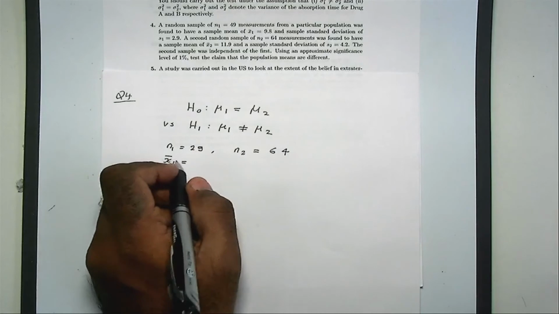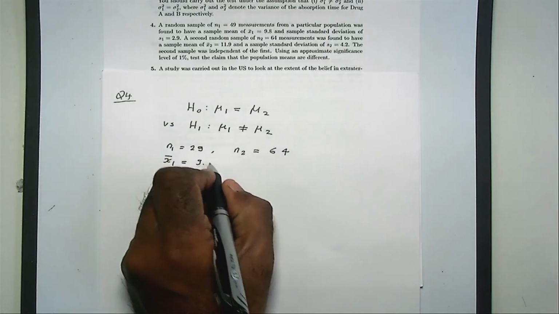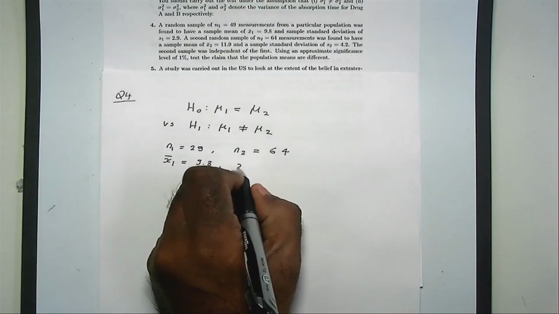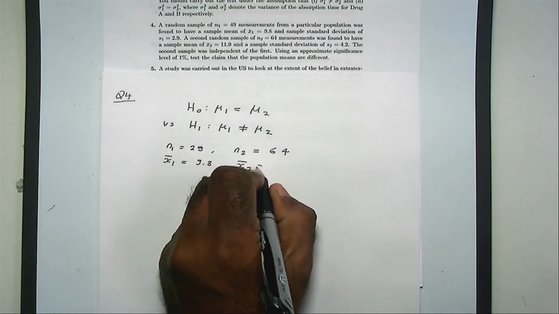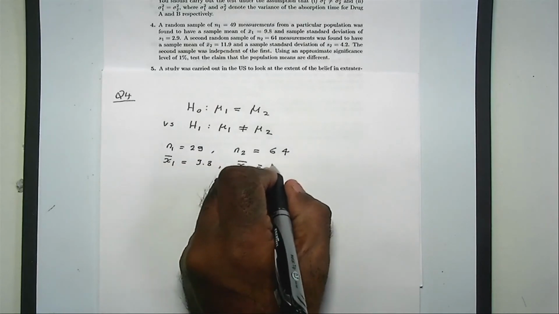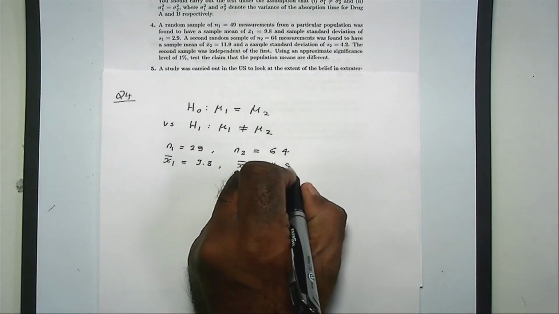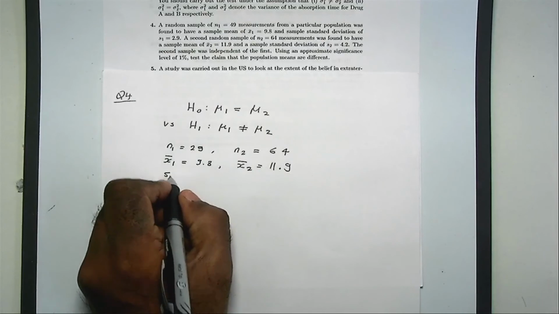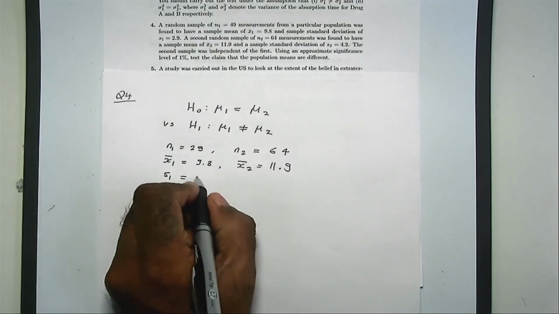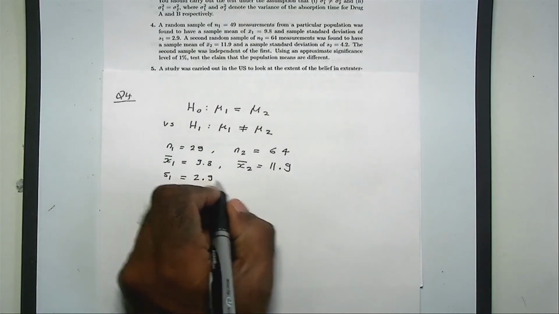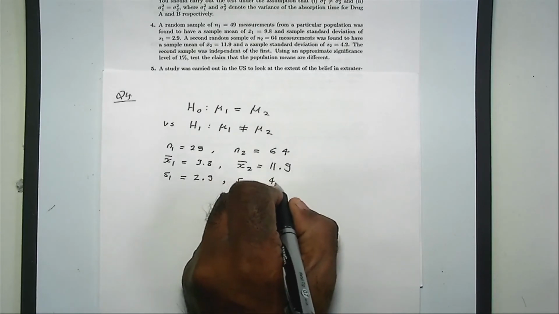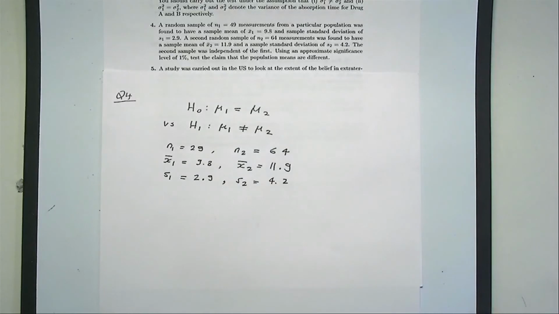The sample mean for the first population is 9.8. And the sample standard deviation for the first population is 2.9. For the second, it is 4.2. All right, this is what we are given.